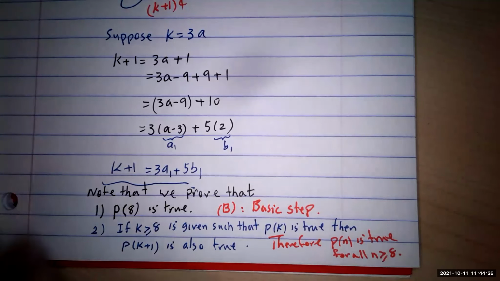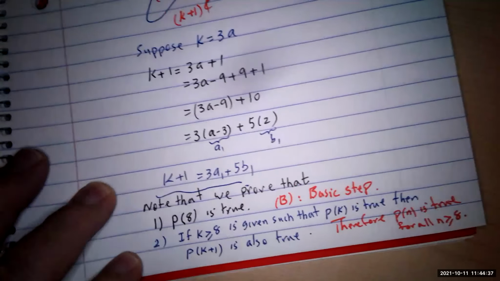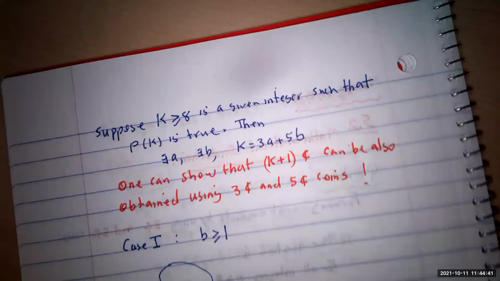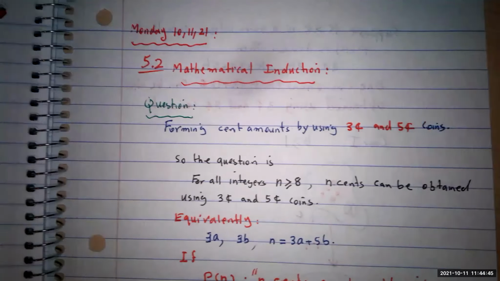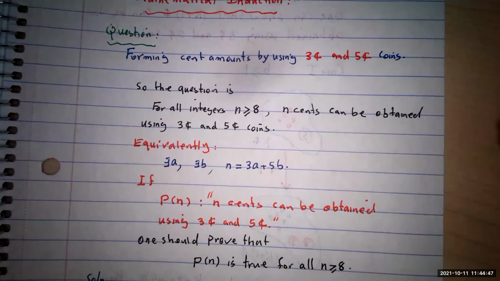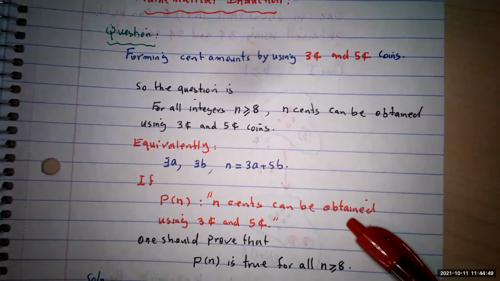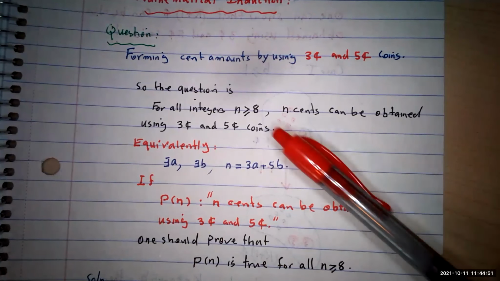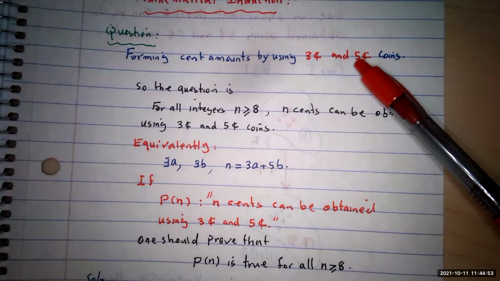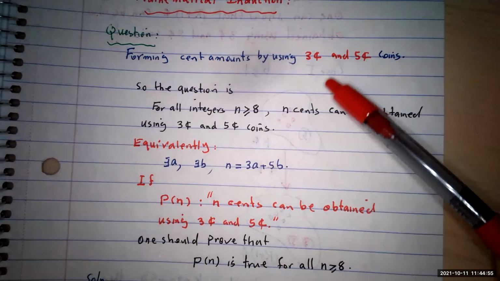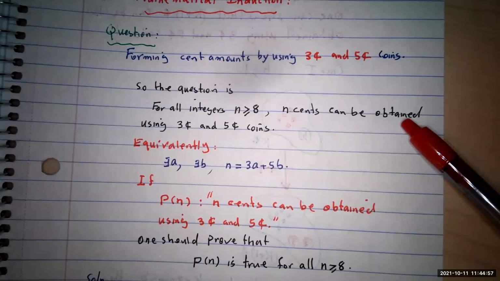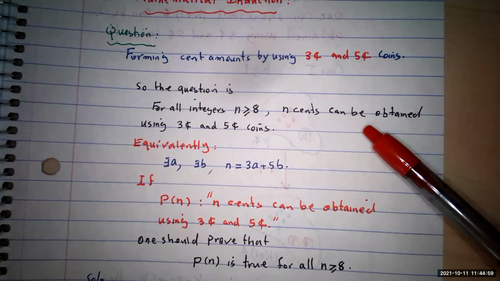Look at the one that we did again. You see the way I form the problem. This is a very important part of the problem. You have to create a predicate. The question is, can you change any amount of cents that I give you into 3s and 5s?